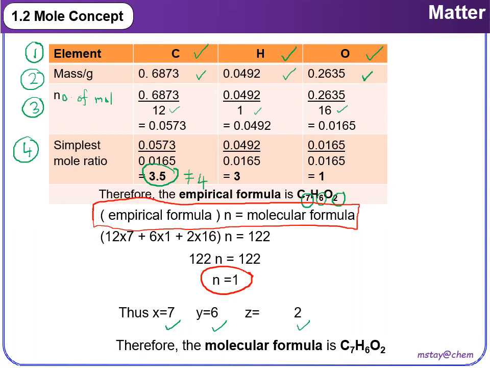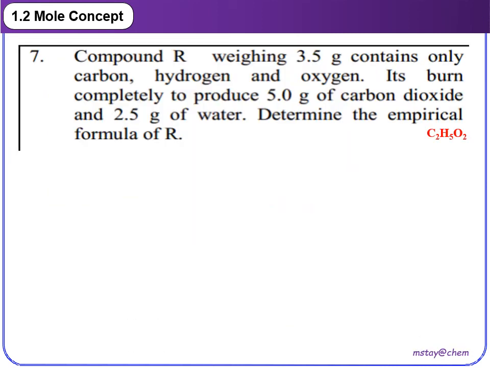So basically, we can believe that the empirical formula that you determined earlier is correct. Okay, because n equals 1, therefore the empirical and molecular formulas will be the same. But in this question, they ask us for the molecular formula, so you just write down the molecular formula. Okay, that's all for this question.